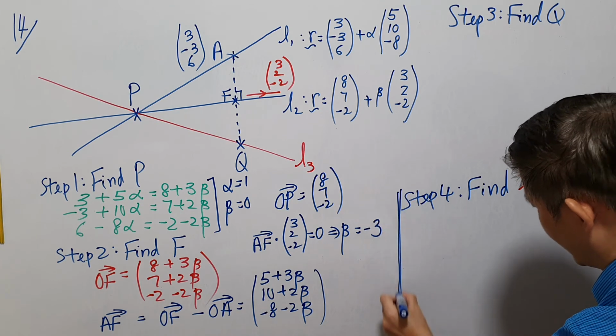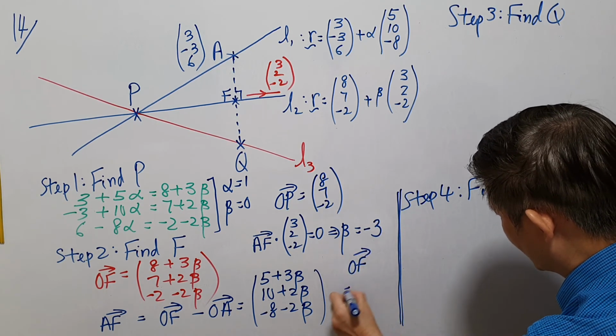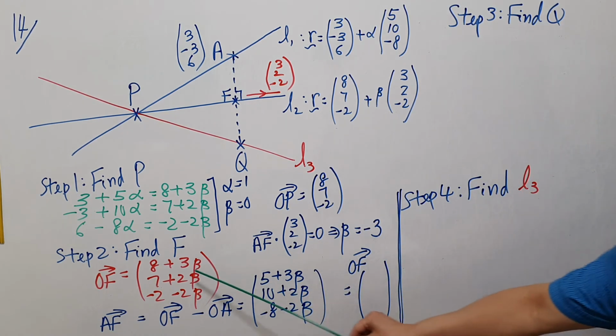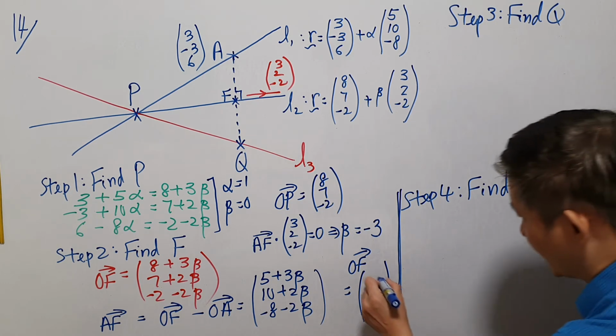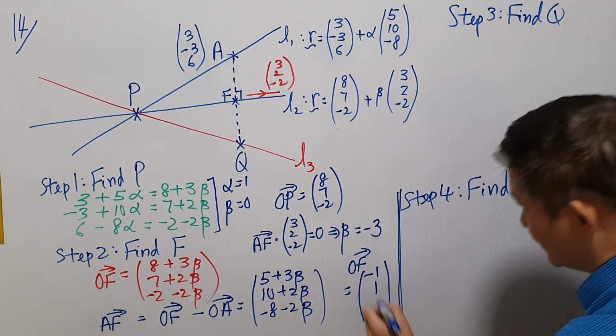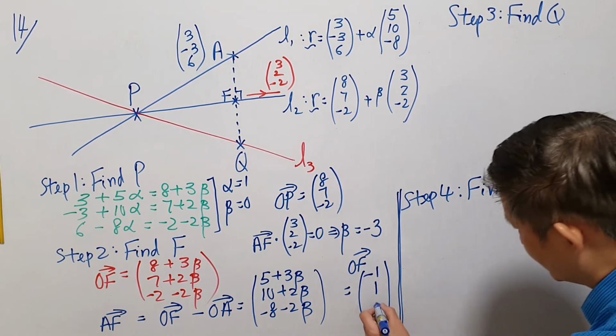Okay, so if my beta is minus 3, that tells me that my vector OF will be equal to, if I put minus 3 inside here, I'll get my OF as minus 1, 1, and then 6 plus 6 minus 2 is 4.